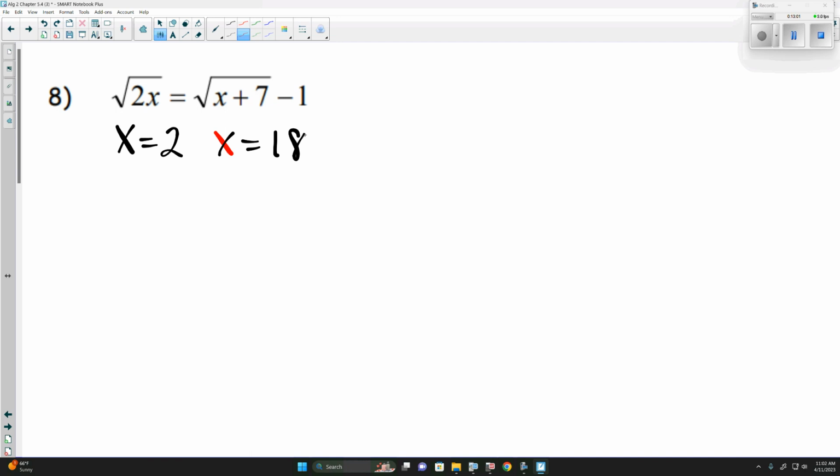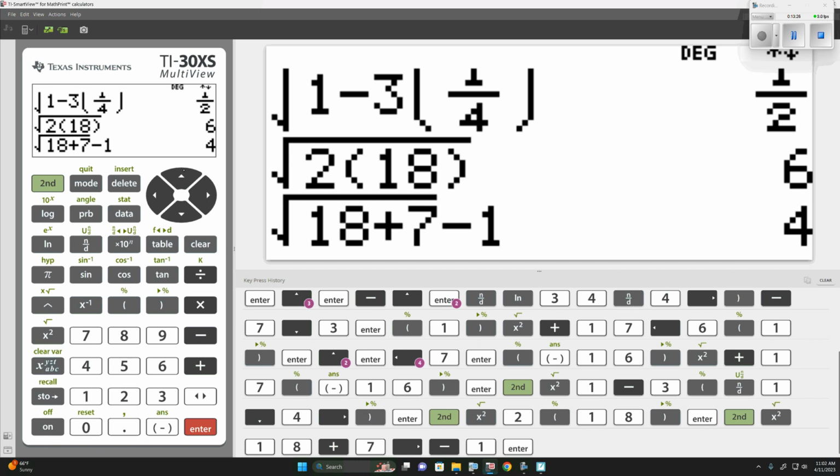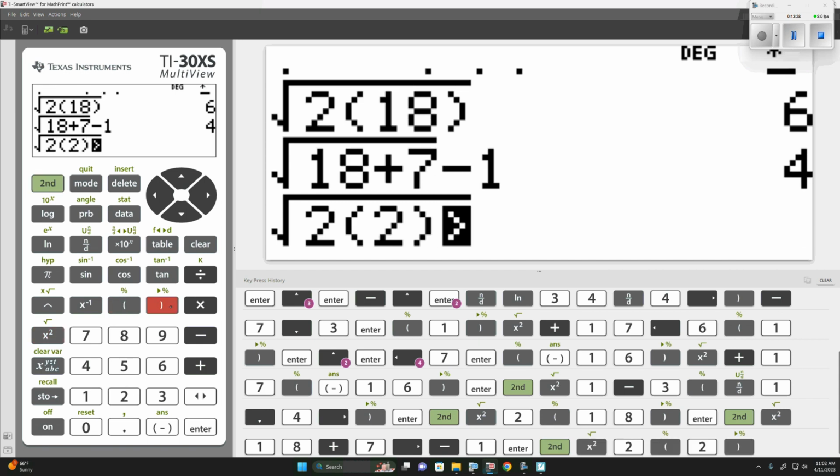Now, the last thing we need to do is check this to make sure that both solutions do work. When you check these, especially on the test, when it says to check your solutions, the first thing you'll need to do is plug the number in. So for x equals 2, I plug 2 in for x. You can do it by hand or in the calculator. For the left-hand side, square root of 2 times 2 is 2.